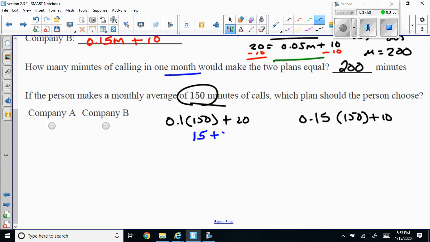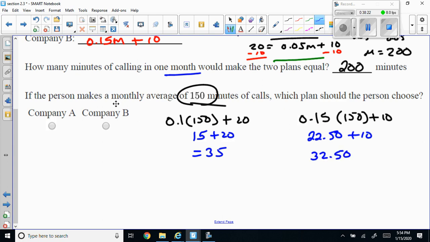Okay, 15 plus 20, so $35, right? Now for company B, that's 15 plus 7, that's 22 and a half, right? Plus 10, which is 32.50, right?